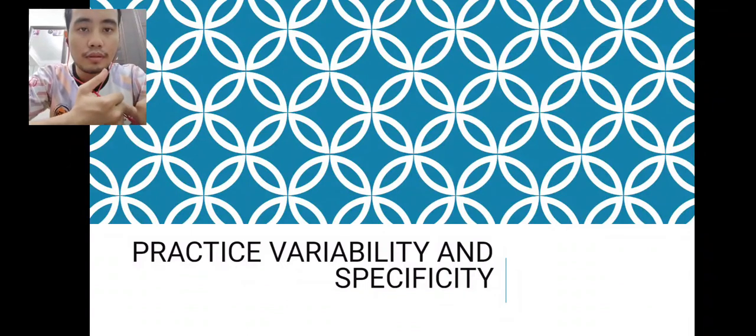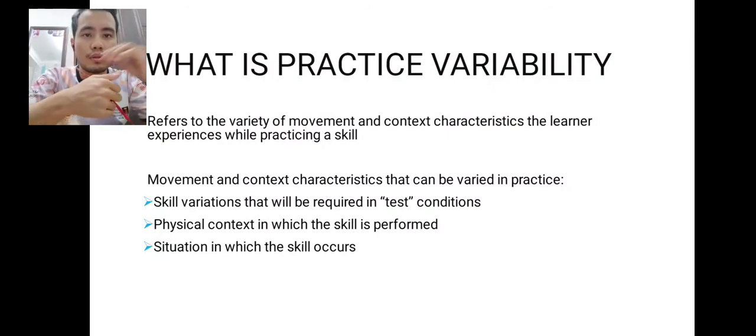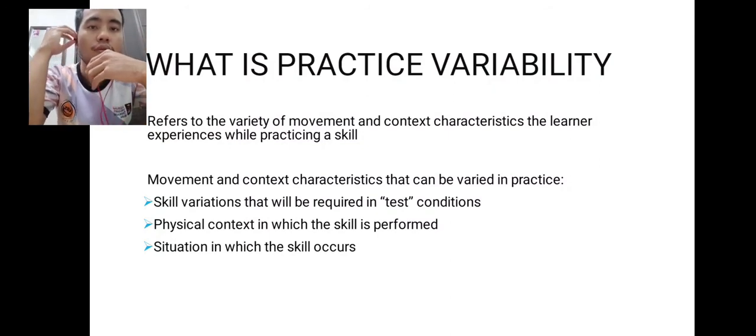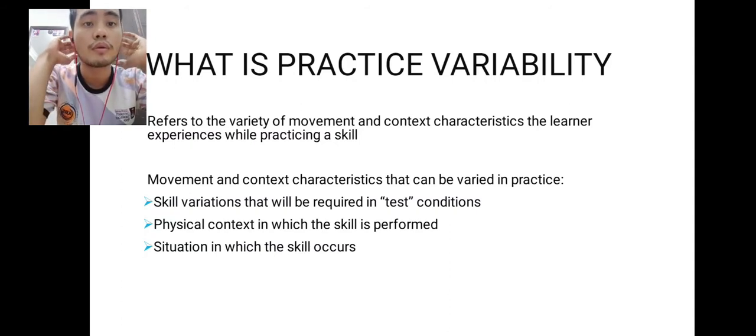I'm the first presenter for practice variability and specificity. Okay, what is practice variability? Practice variability refers to the variety of movement and context characteristics that the learner experiences while practicing a skill.